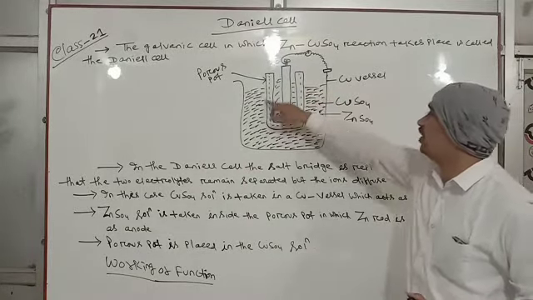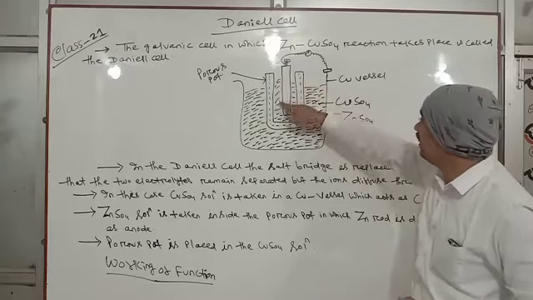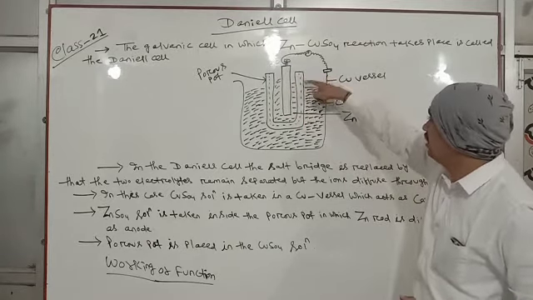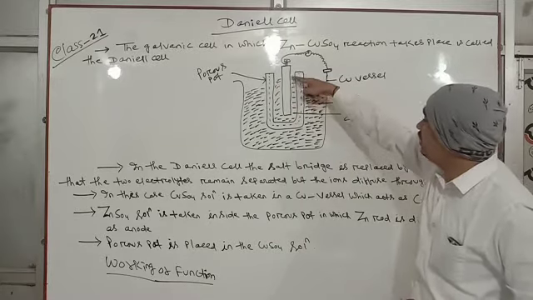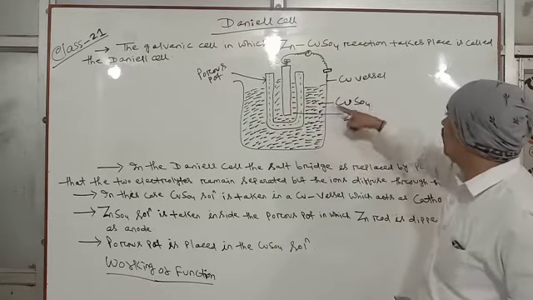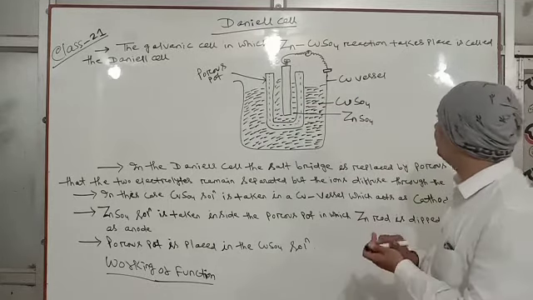This is the porous pot. In between this we put the electrolyte solution, ZnSO4, and this part is copper sulfate solution.